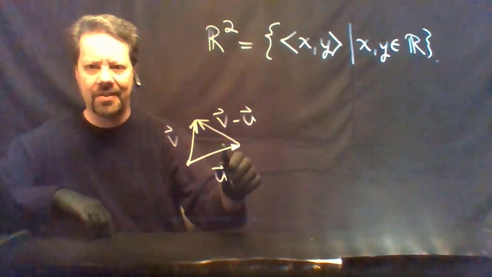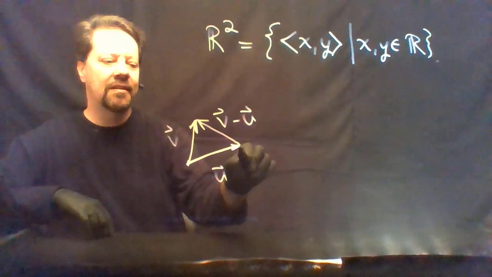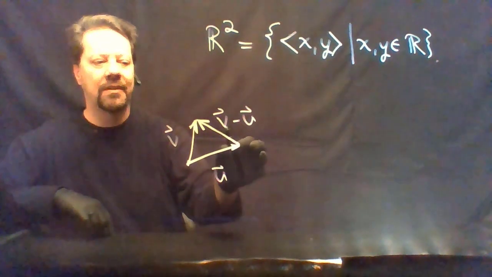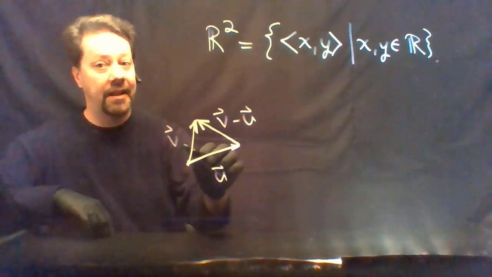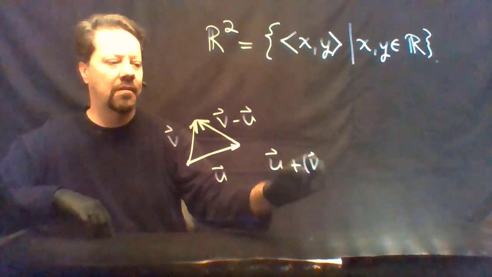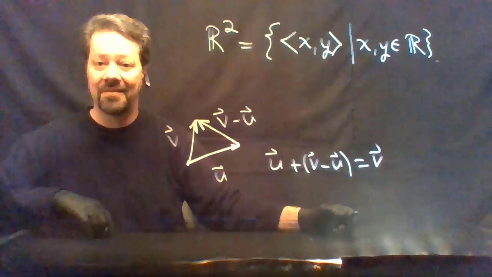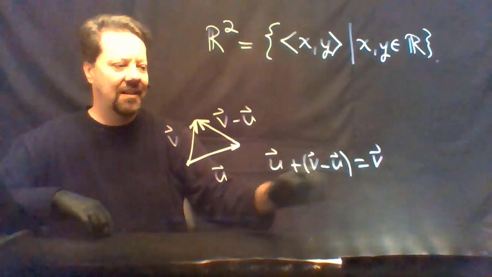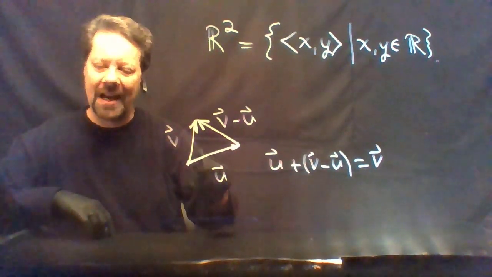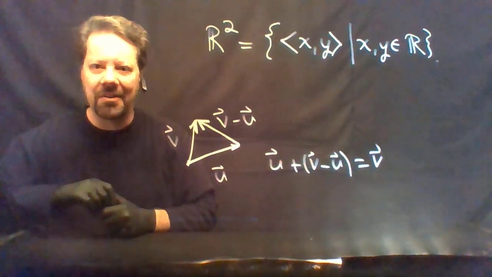This, by the way, is consistent with the notion of vector addition, because you place vectors tip to tail when you add them. If I add u to v minus u, I had better get v. Right? Consequently, vector subtraction is not a primary notion, it's a secondary notion derived from our understanding of addition.